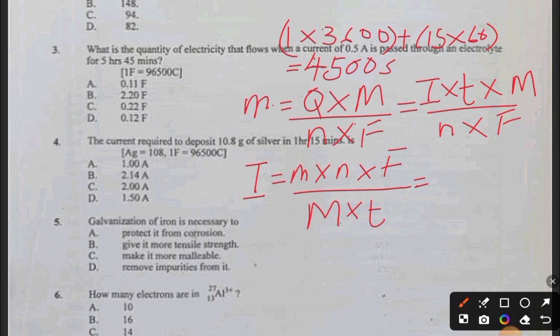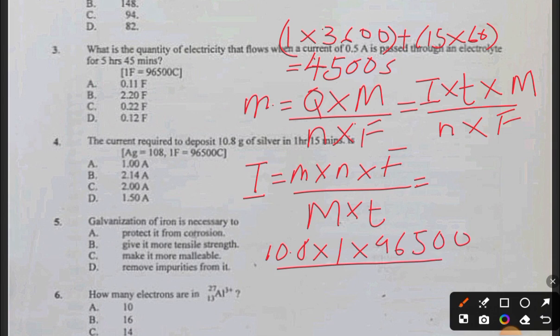Now from the question, the mass is 10.8 multiplied by 1, which is the number of electrons per ion, multiplied by Faraday's constant, which is 96500 over the molar mass.